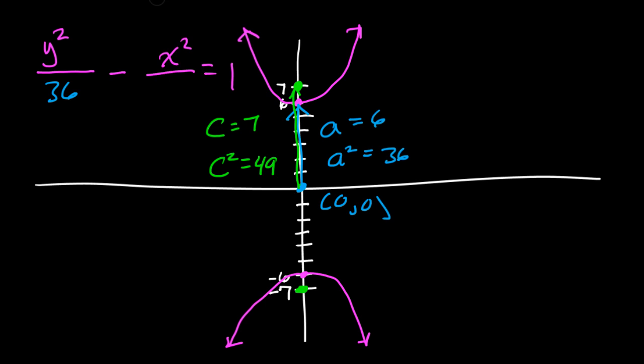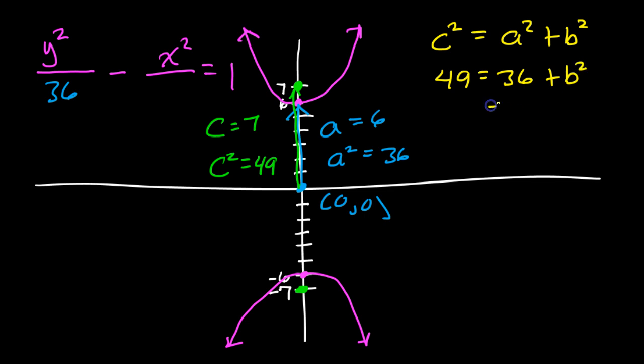So let's talk about b squared. Remember that for hyperbolas, the formula relating a, b, and c is c squared equals a squared plus b squared, unlike ellipses where it's a minus. So substituting in c squared and a squared, we have 49 equals 36 plus b squared.